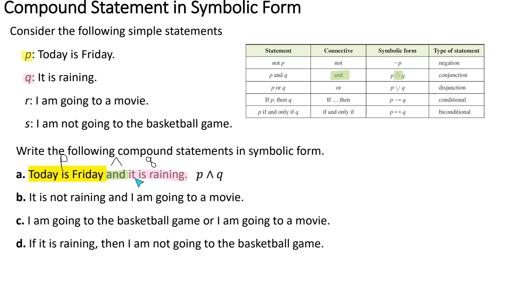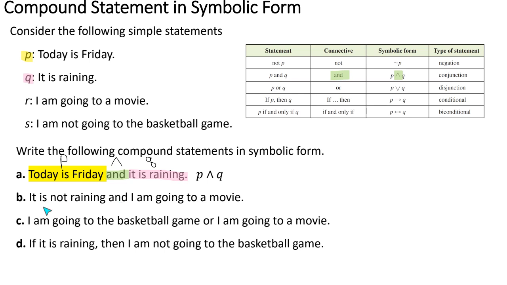And then my other simple statement is it is raining. Q is it is raining, so I write Q. So this statement, today is Friday and it is raining, can be written in symbolic form as P and then conjunction Q. The conjunction is just a symbol, and it's the word and.